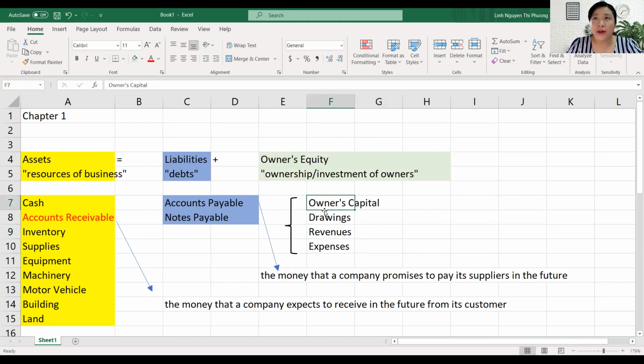Okay, so for example, if I want to open my business and I invest $1,000 in my business to start, okay, so I have an owner's capital of $1,000. The more I invest is the investment of the owner.